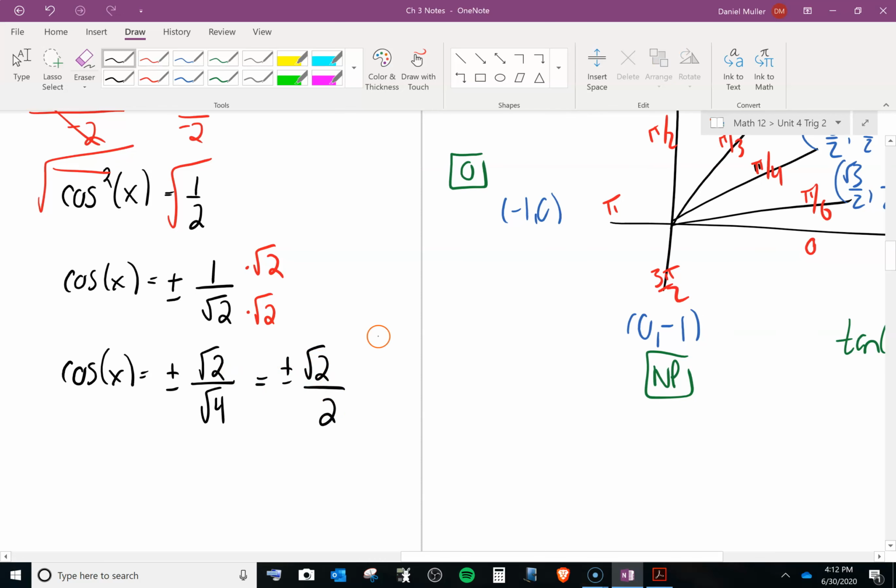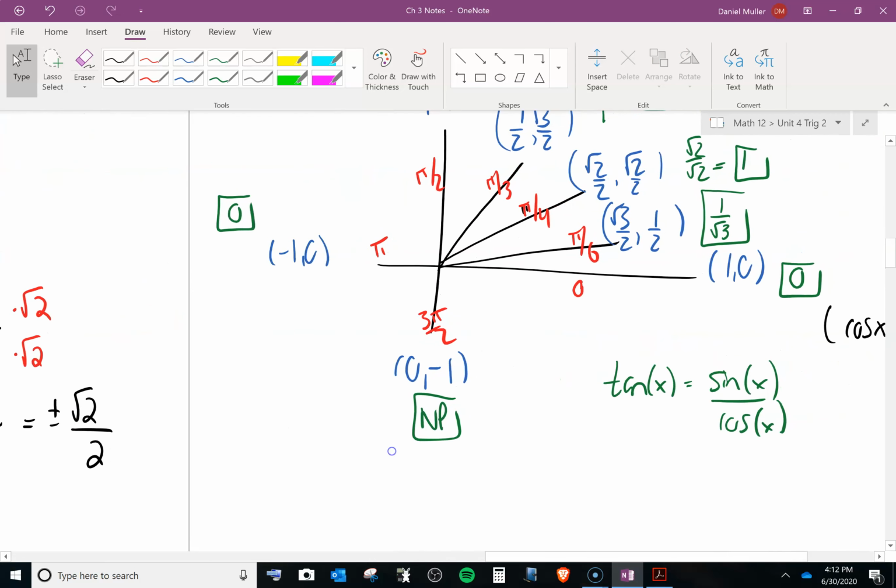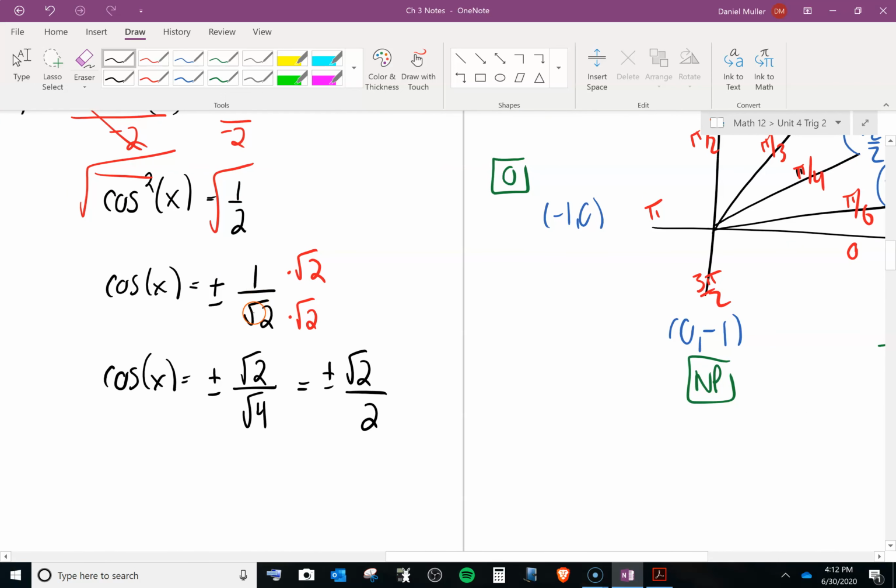So root 2 over 2. Now that is an answer. So 1 over root 2 is not a possibility, but if I rationalize it, I find out that it actually is.